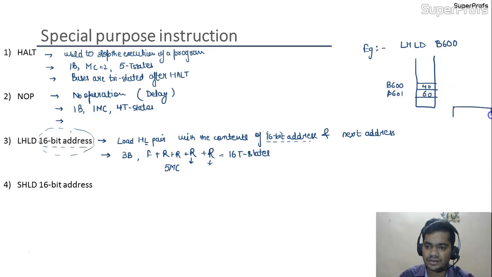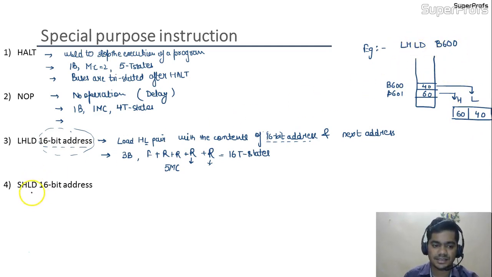So what would be transferred in the HL pair? The lower address data would be transferred to the lower register, so 40 would come here, and the higher address data would come at the higher register, that is H. So this would be the content after the LHLD process.